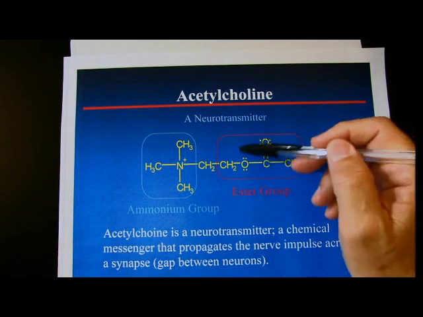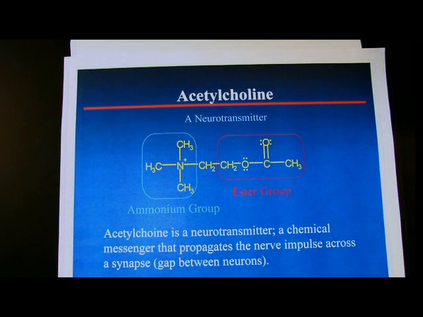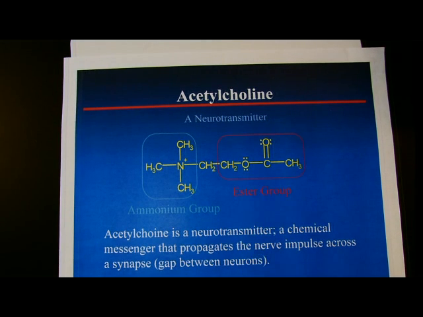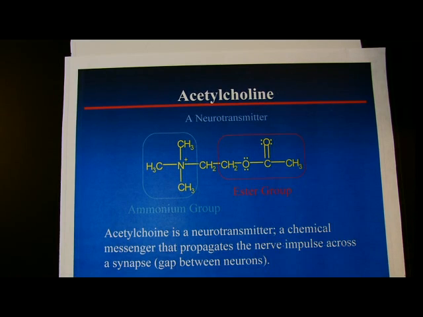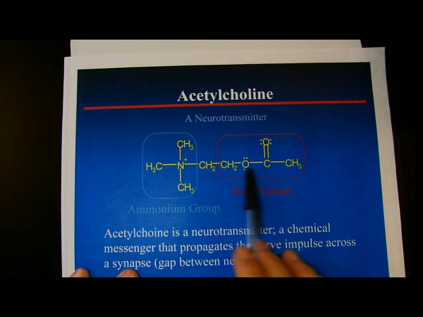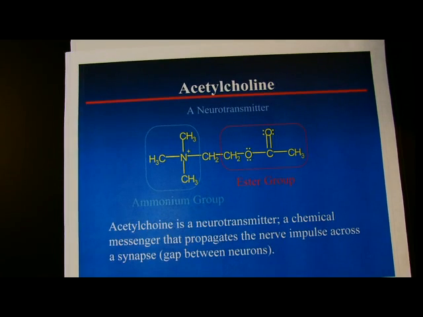And right here is the ester linkage, which was made by a condensation reaction. Remember that condensation reaction? Well, what acetylcholinesterase does is it reverses that condensation reaction. It breaks that bond right there, and it reacts with water to give you an acid, acetic acid, and then an alcohol group over there.